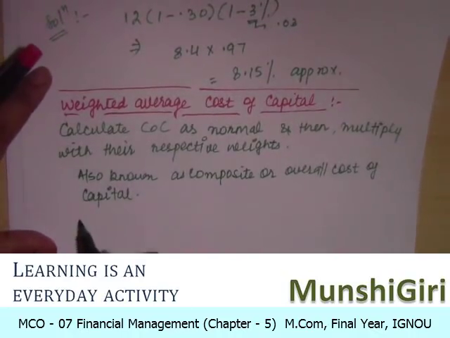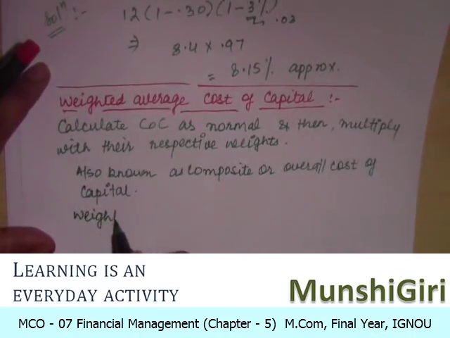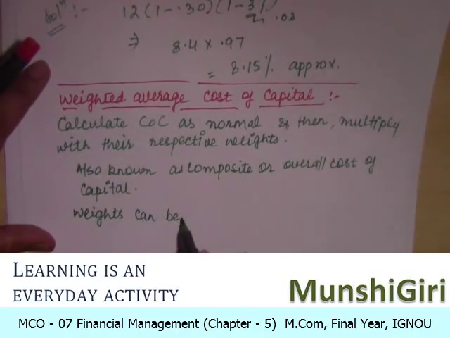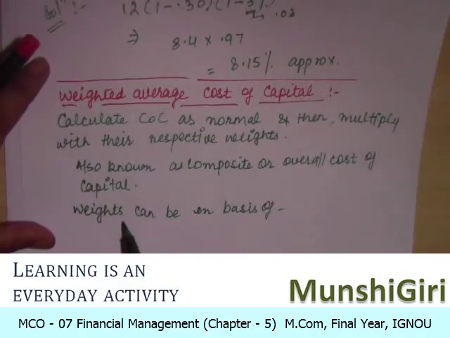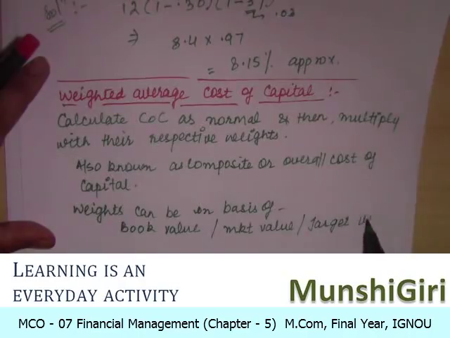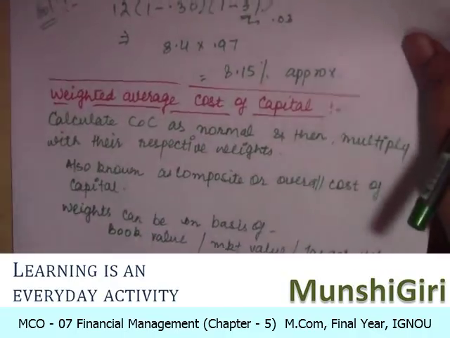The weights can be on the basis of book value, market value or target value. So let's take up an example for understanding the weighted average cost of capital.